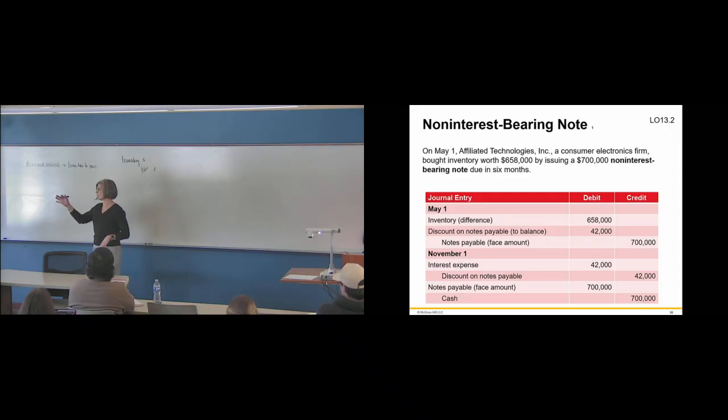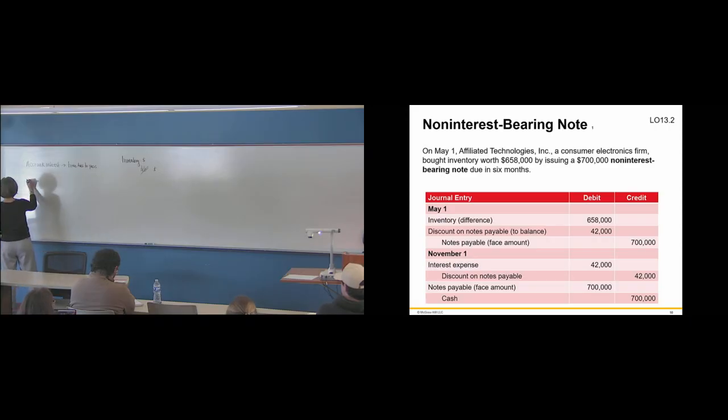But here we have an amount of inventory that's less than what we have to pay back. That discount on notes payable, and we had discount on bonds, you guys remember that? Hopefully? No? Yes?